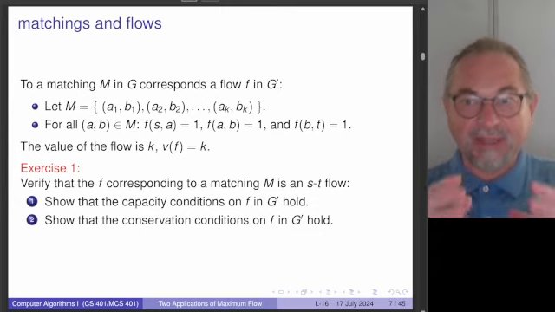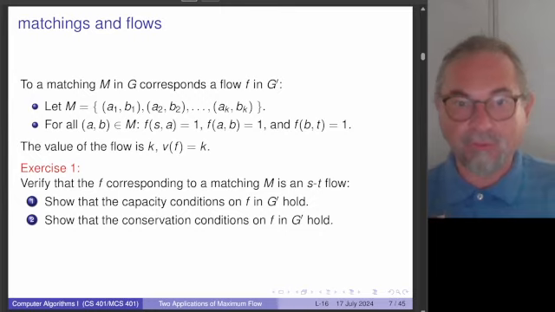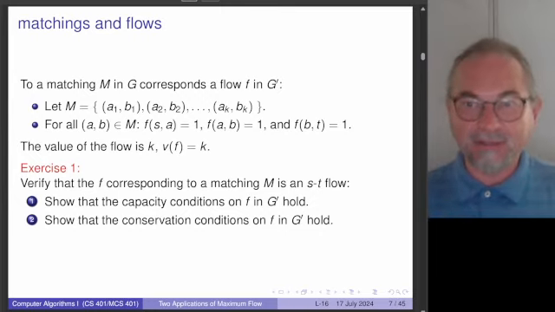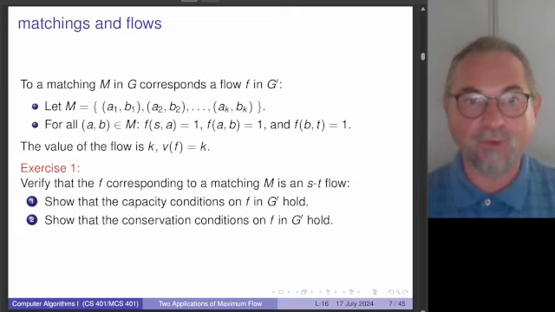So for all the edges in the matching that you select, we have a flow of 1 on that edge AB. The A is connected to the source, also with flow 1, and the second vertex in the edge, the B, is connected to the sink. So therefore, the value of the flow is the number of edges in the matching.